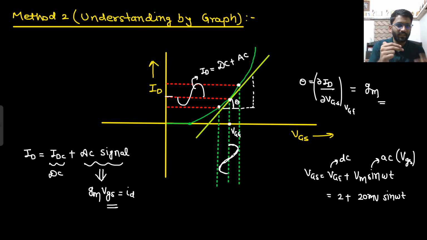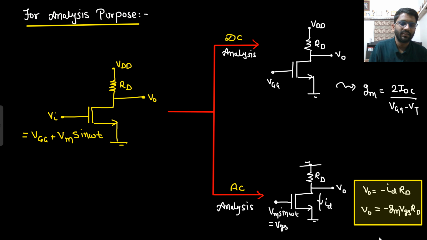Slope is y by x, into the x value, it gives the y-axis value. So slope into the input AC signal will give you the output AC signal. So your output current is GM VGS, and that you need to remember. Your output current is GM VGS, where VGS is the small signal AC input. Are you able to understand this point?